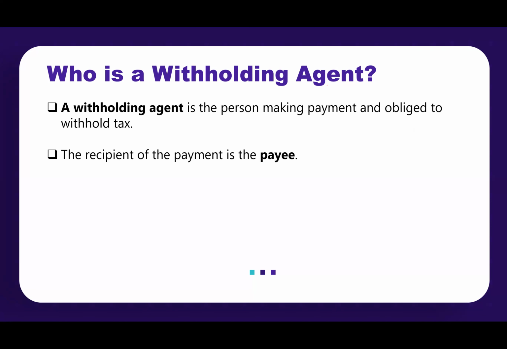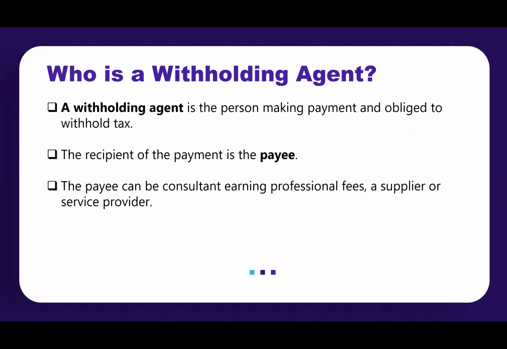The person receiving the payment is the payee, and the payee can be a consultant earning a professional fee. It can be a supplier who has made supplies to the business, like they could have supplied stationery to the business, or it can even be a service provider, such as a cleaning company, those companies that clean your business.